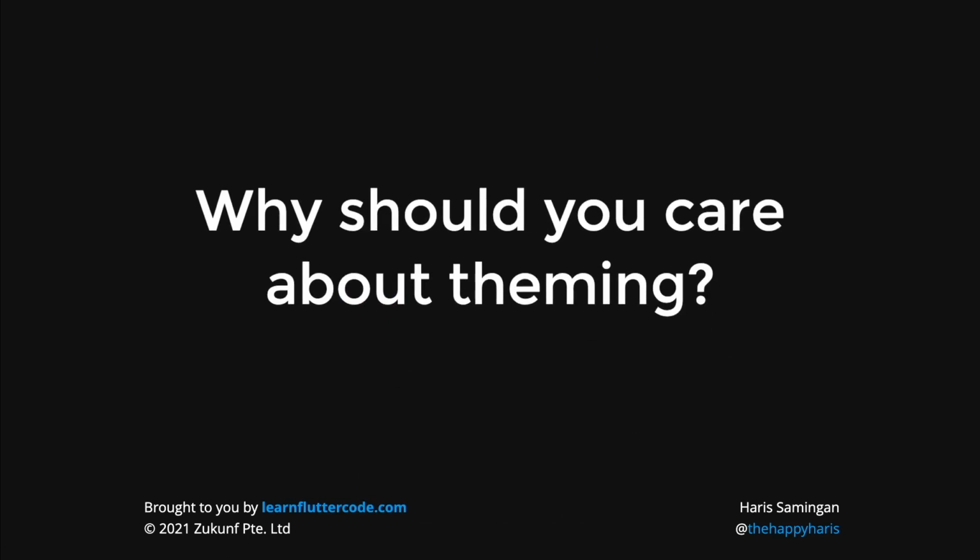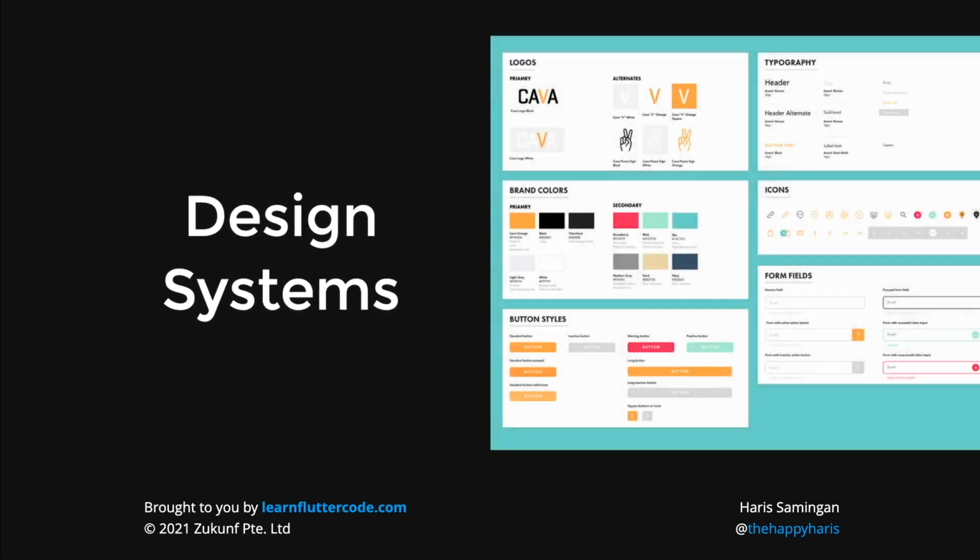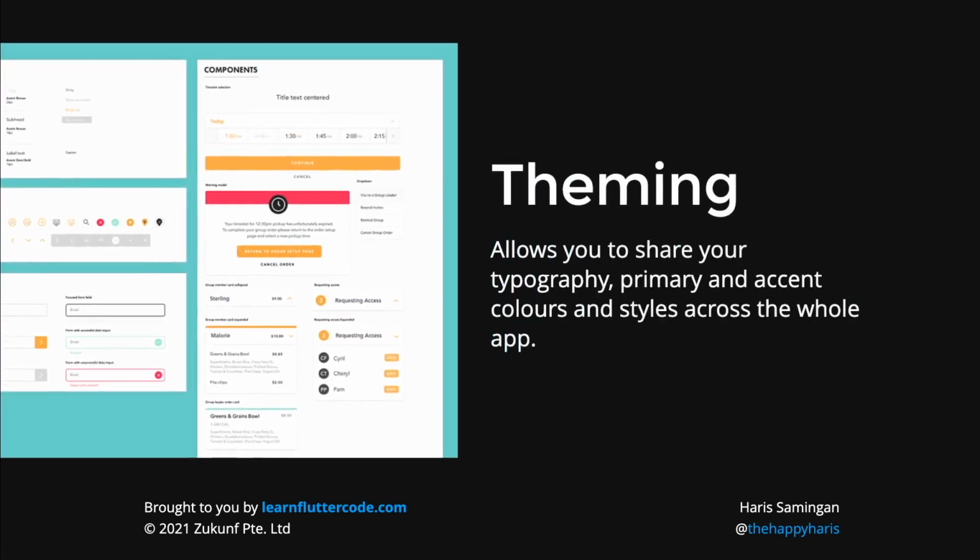So why should you care about theming? Well, for designers, they have this thing called a design system where they give you the primary and secondary colors for you to implement inside a project or web app or a mobile app so that it gives a consistent design. So theming then allows you to share your typography, primary and accent, or you could say secondary colors and styles across the whole app.